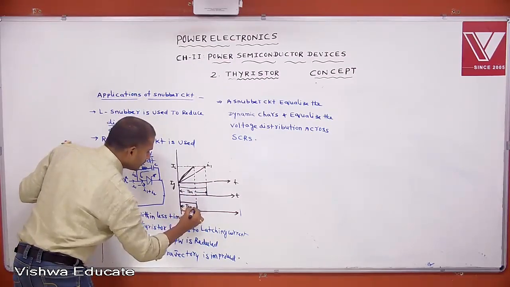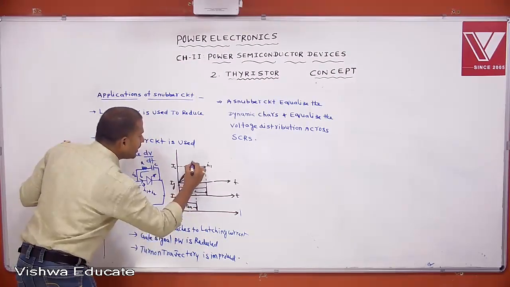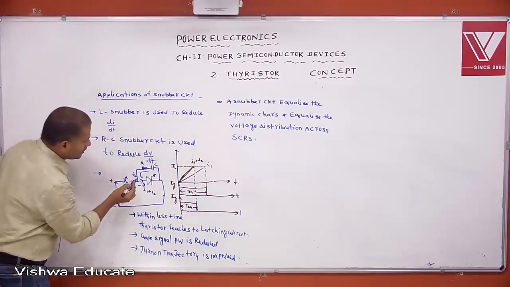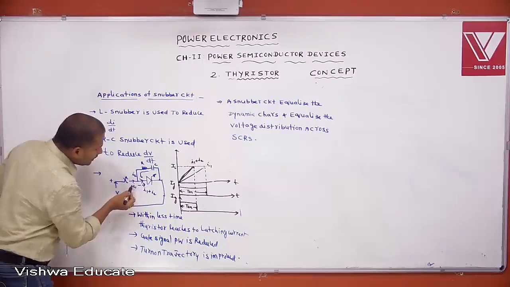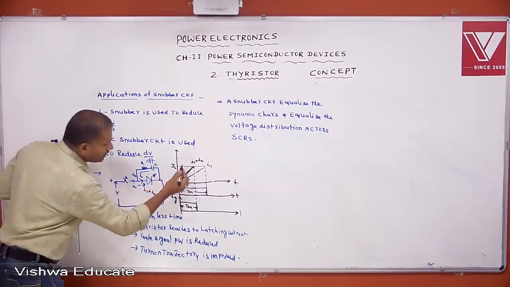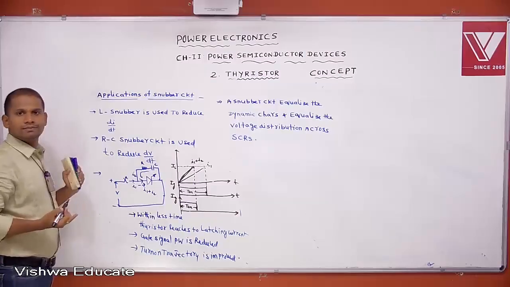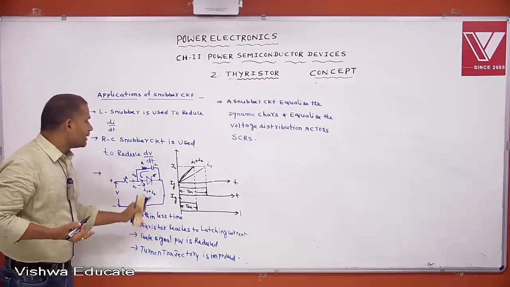This is T on, this is IG, and this is I1 plus I2. I1 plus I2 means the discharging current and the supply current, both are present. Within this time, the current reaches the latching current. Like this we are getting.